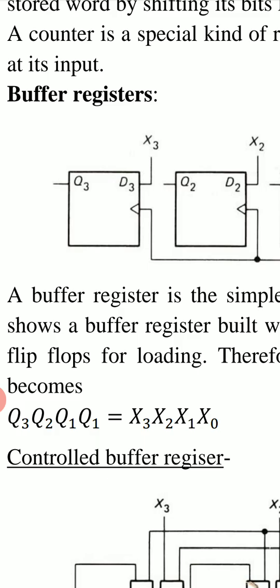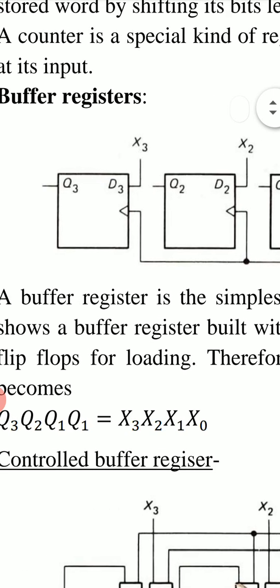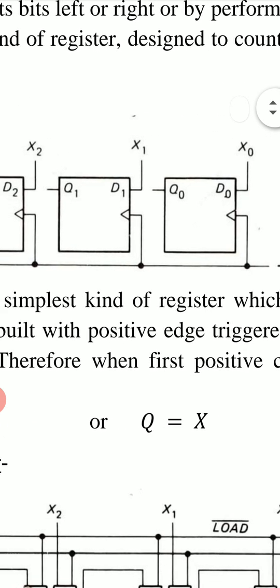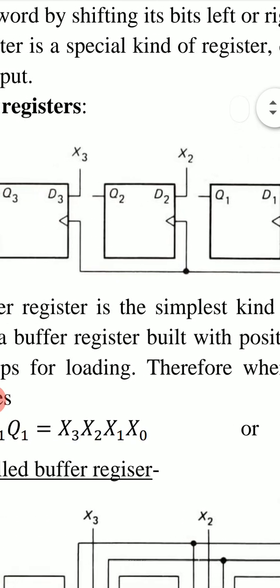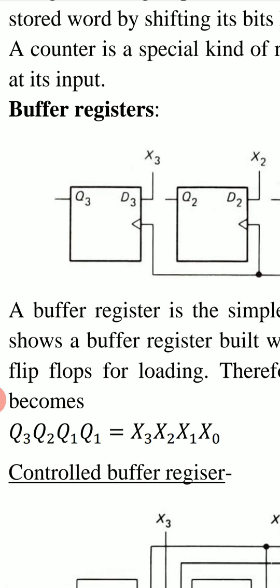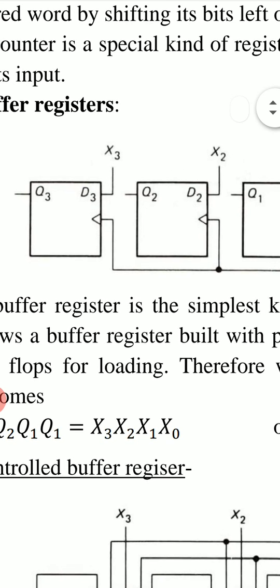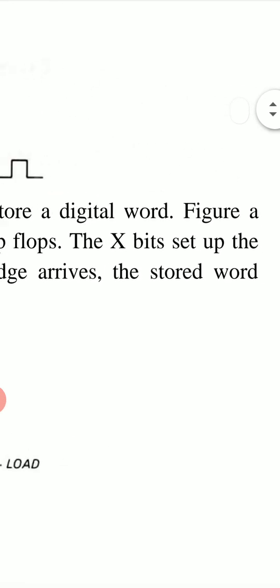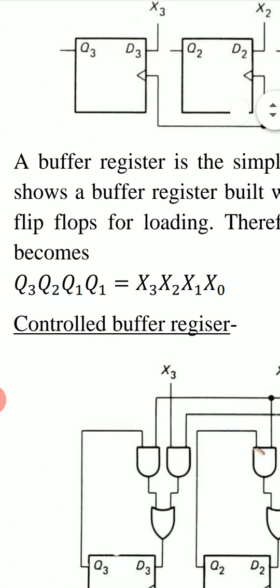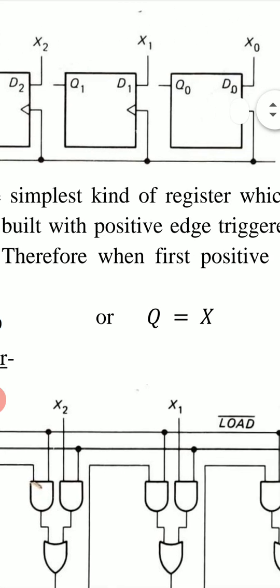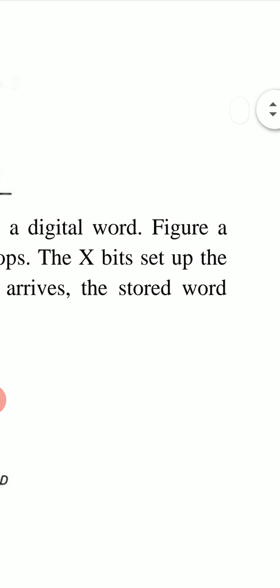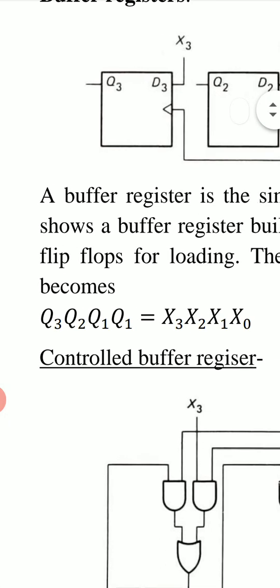This buffer register can store a binary word Q3, Q2, Q1, Q0. These 4 bits are obtained from outputs of these 4 D flip-flops. Figure A shows a buffer register built with positive edge triggered D flip-flops. The X bits set up the flip-flops for loading.